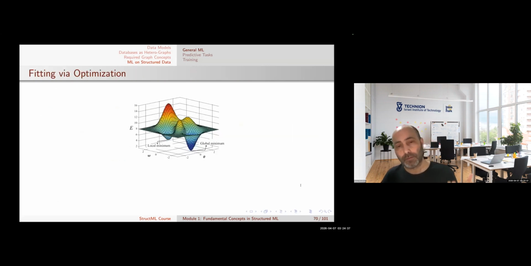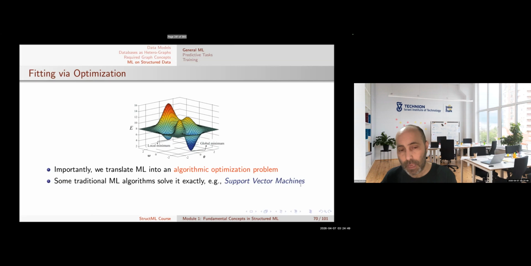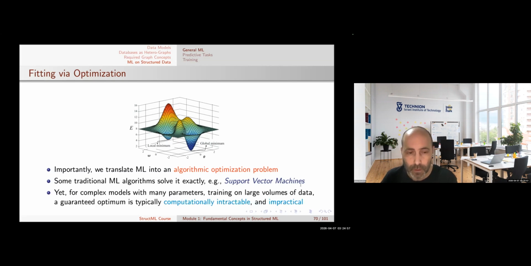So basically, what happens here is that once we have the loss function over a parametric model, we translate our machine learning problem into an algorithmic optimization problem. Okay? And there are some traditional algorithms or machine learning setups where you solve this problem exactly, like support vector machines.